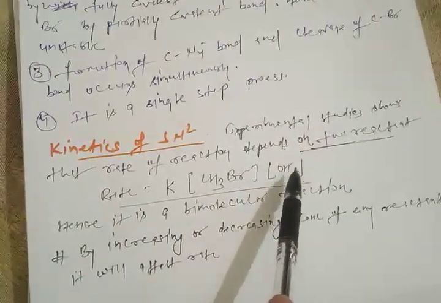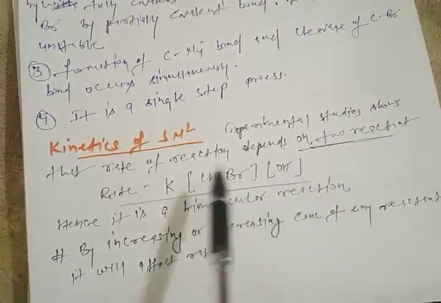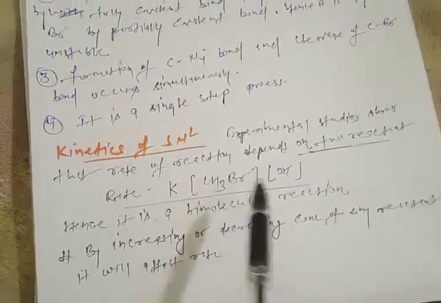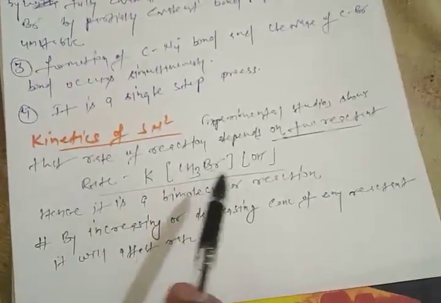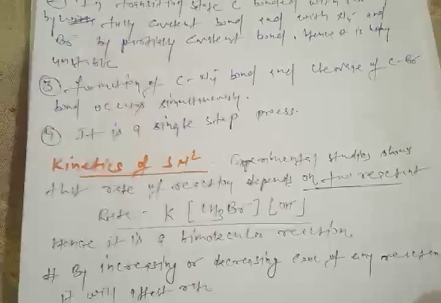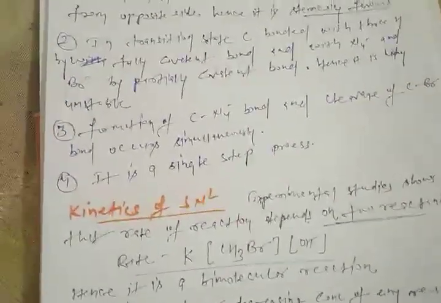If you are increasing the concentration of nucleophile, it will affect the rate of reaction. If you are increasing the concentration of reactant, it will affect the rate of reaction. Okay, as it depends on both reactants. So these two things are important in case of kinetics.